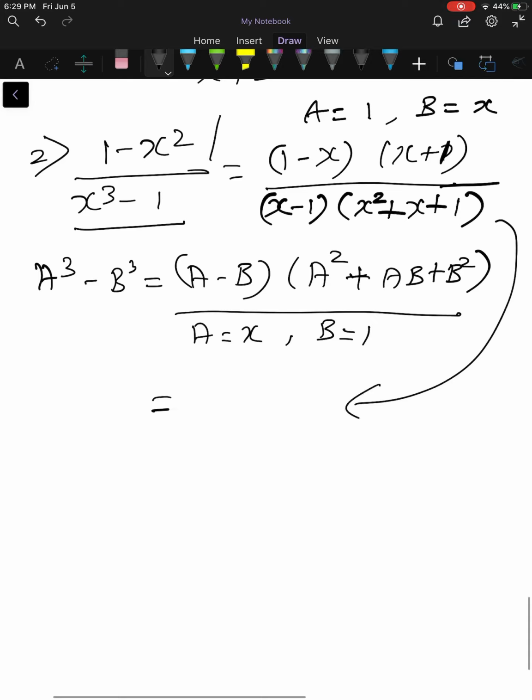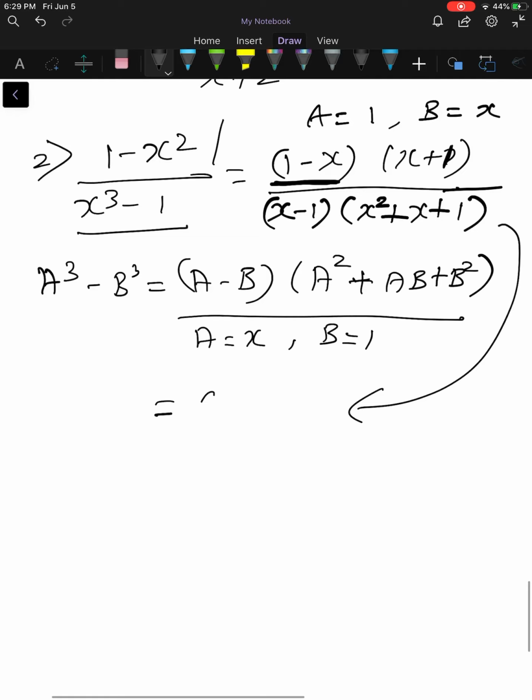Okay, further simplification of this. It is not very clear that you can see common factors, but if you apply commutative rule to this and take out -1 as common, how do you take out -1 as common? 1 is nothing but -1 times -1.